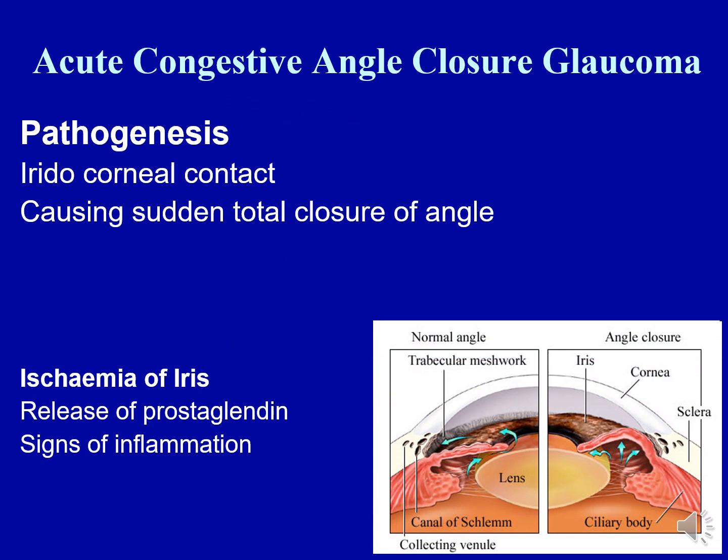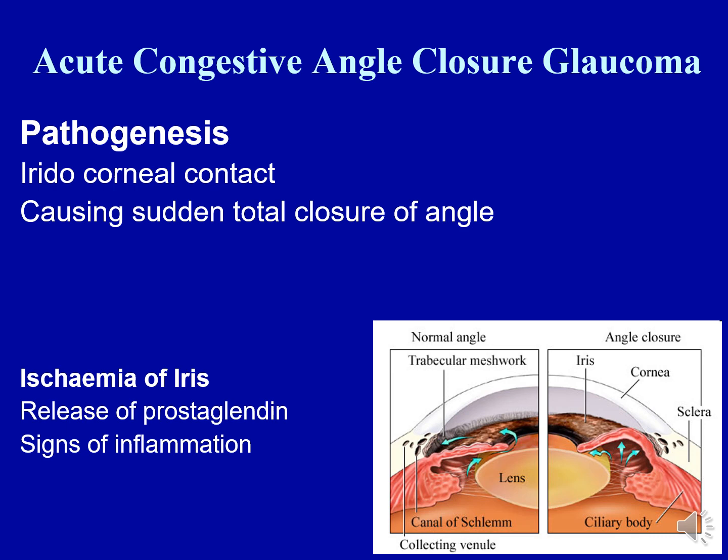The third stage is acute congestive angle closure glaucoma, or congestive phase. The pathogenesis of this acute congestive glaucoma is that iridocorneal contact is there due to accumulation of aqueous humor in the posterior chamber, which pushes the iris forward, ultimately causing total blockage.